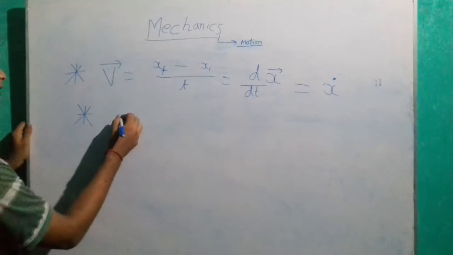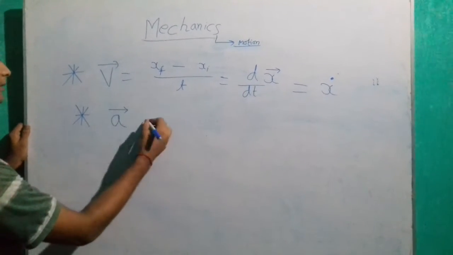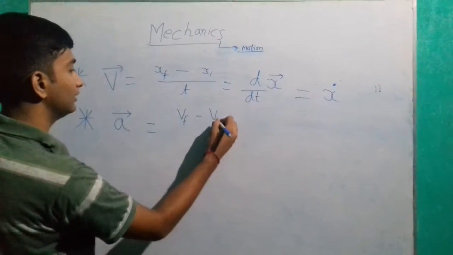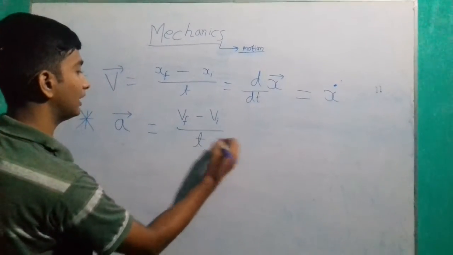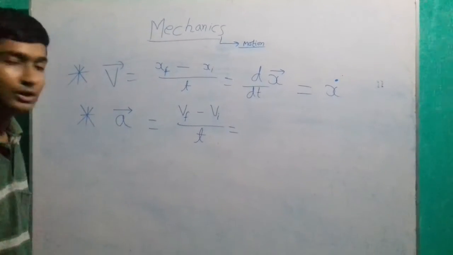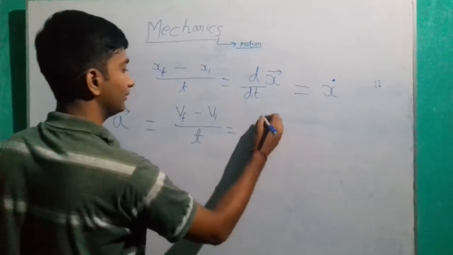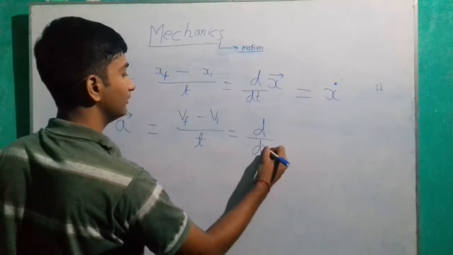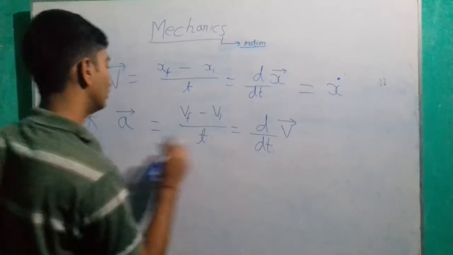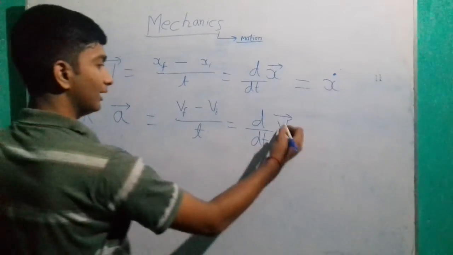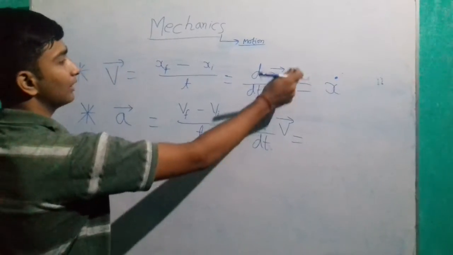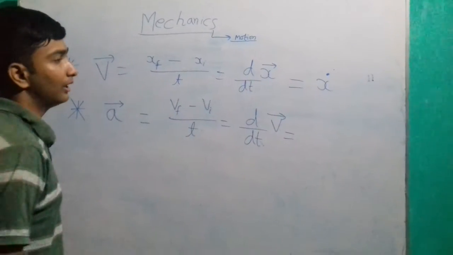Similarly, the acceleration vector is equal to final velocity minus initial velocity divided by time taken. That is, we have to find the rate of change of velocity, which means the first derivative of the v vector. Now d by dt of v vector, but the v vector is itself the first derivative of the x vector.